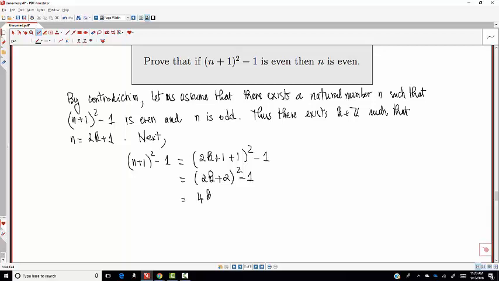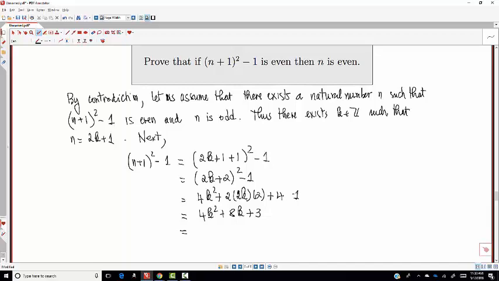which is 4k squared plus 8k plus 4 minus 1, which will be 4k squared plus 8k plus 3.